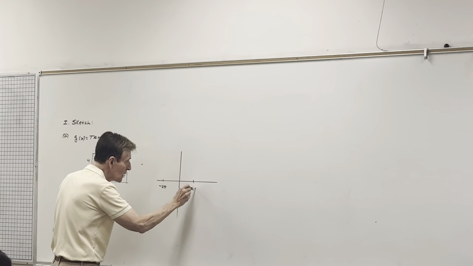Oh, it's at that vertical asymptotes. Absolutely. Here we go. The professor has a vertical asymptote at negative 2 pi. Vertical asymptote at positive 2 pi.